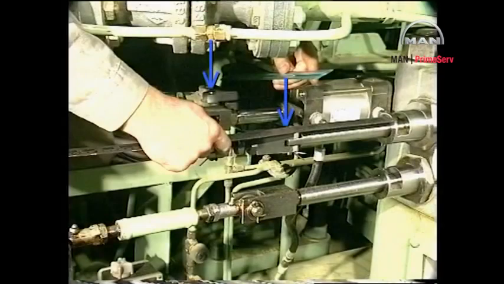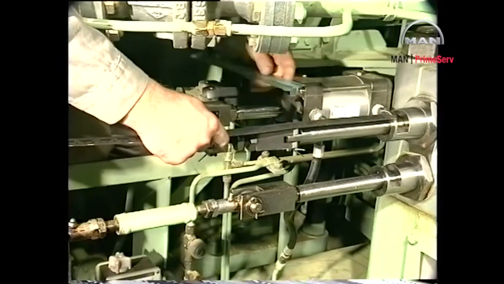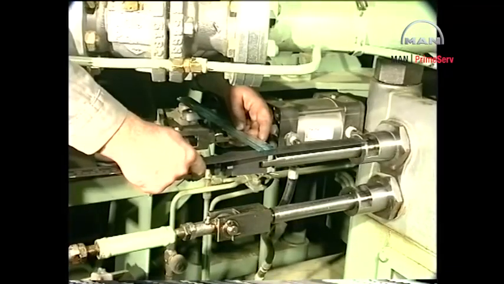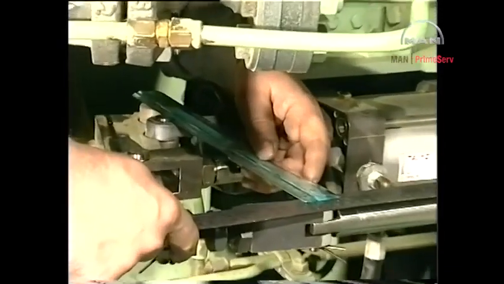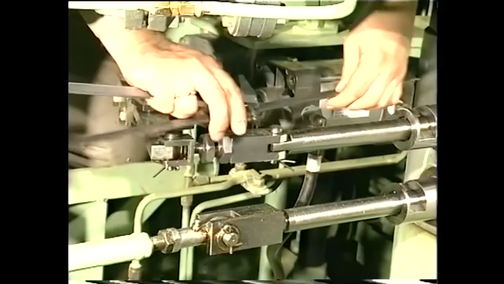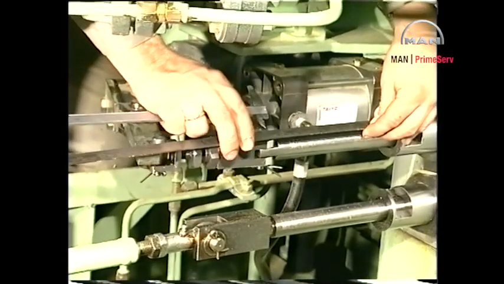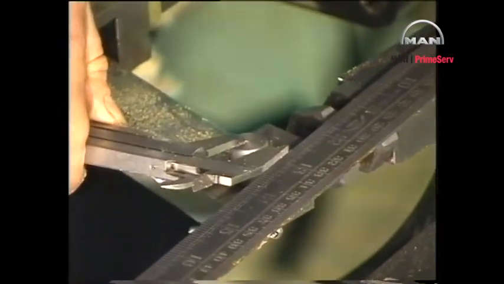Measure distance L between the pivoting point and the center line of the VIT rack. Note down the result. Measure distance X between the pivoting point and the center line of the VIT rack.